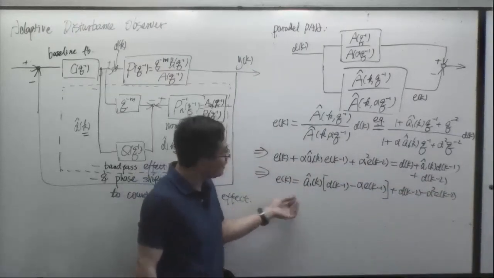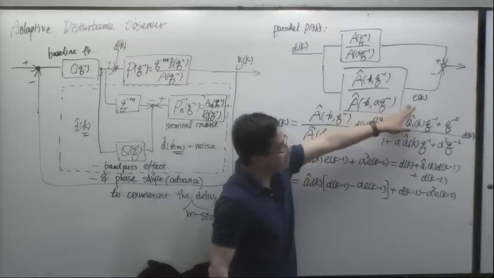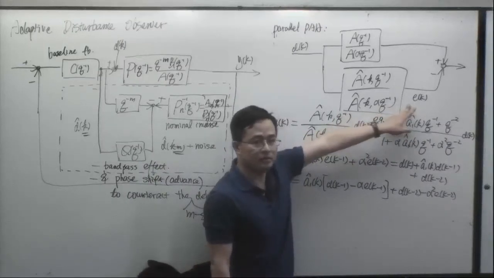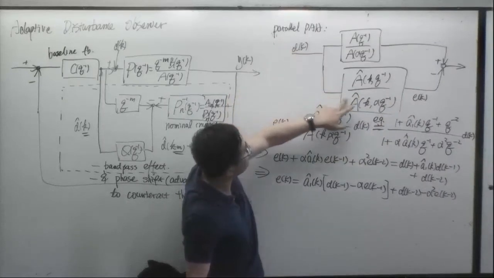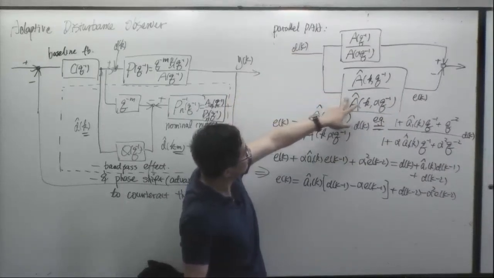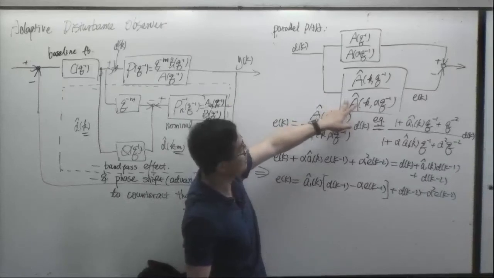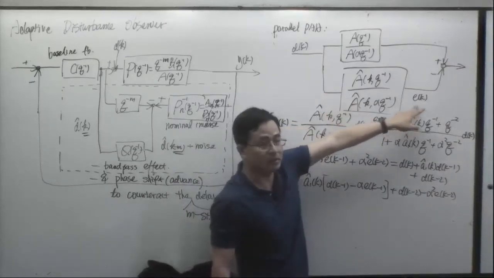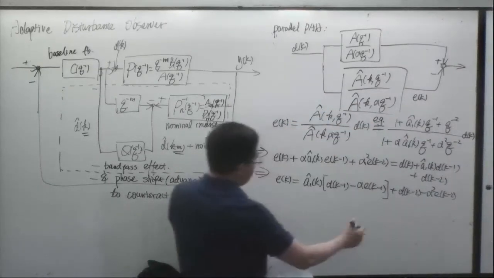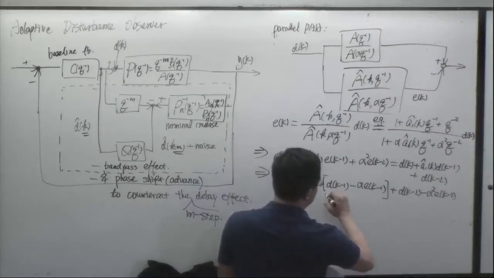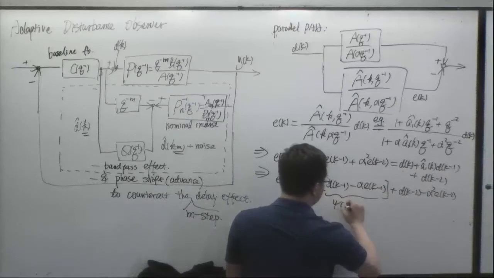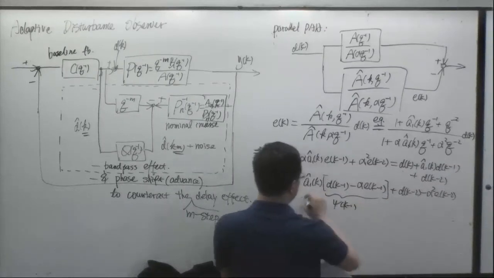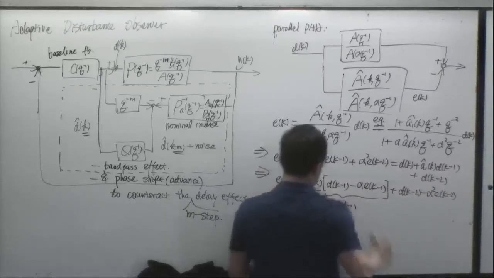This time, this signal is not always 0, because this is the disturbance filtering through this adaptive output, adaptive transfer operator. So this is not always 0. That's the difference. So let's call this phi again, k minus 1. And this is our theta hat.